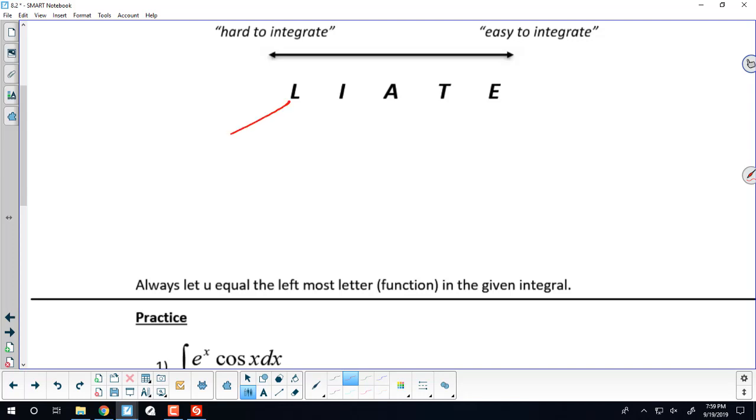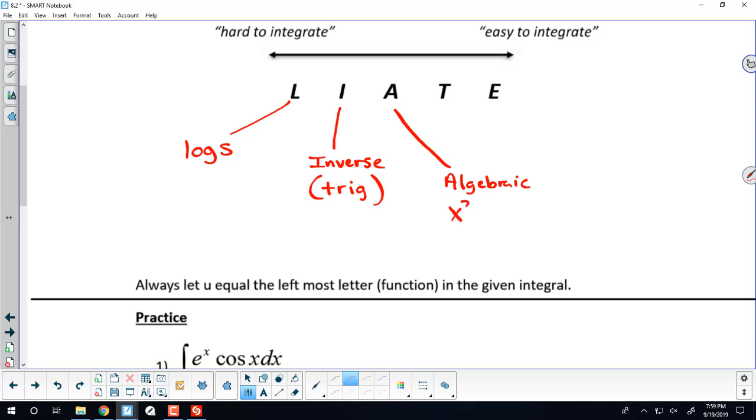So L are our logarithms. I, the inverse, mostly trig. A is algebraic functions. You know, like x squared, x plus 1 to the negative 2, square root of x cubed minus 1, those kinds of things.